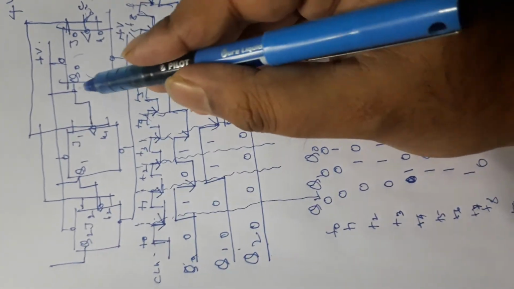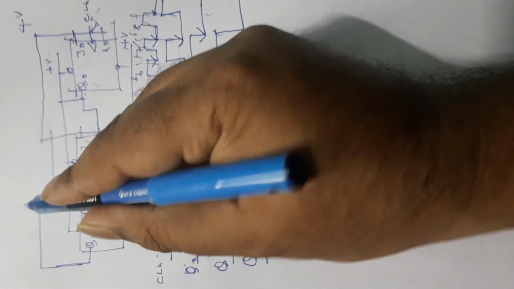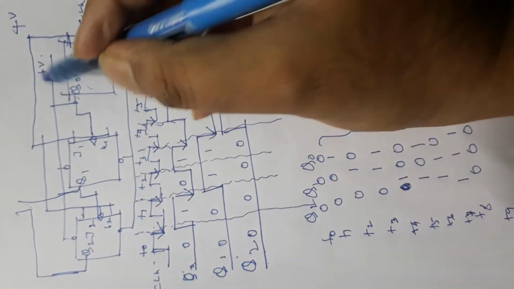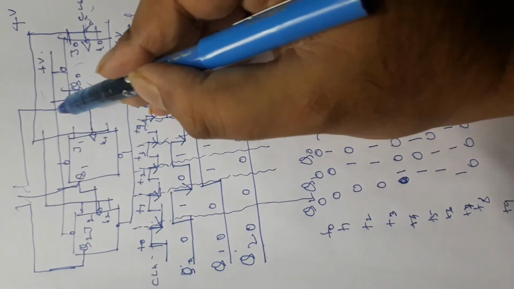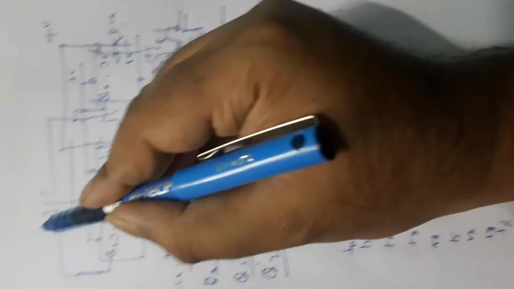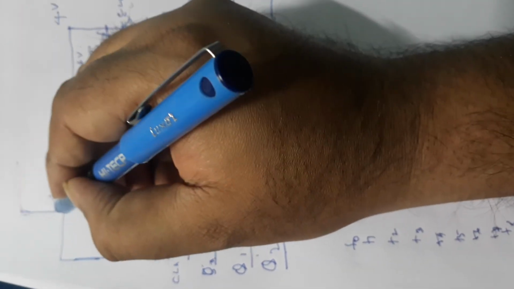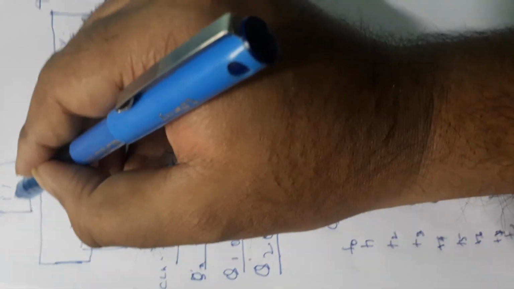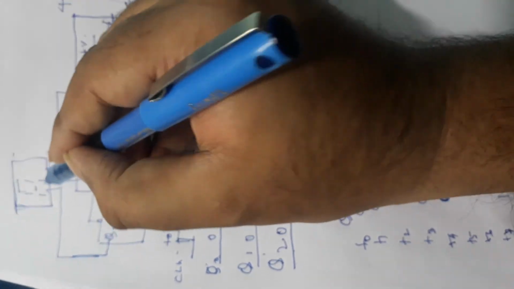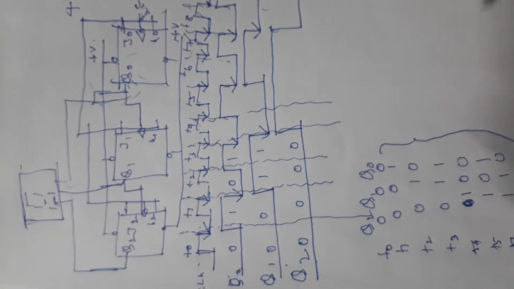So if this Q0, Q1, Q2 is given to the 7-segment LED display that we have designed earlier, what will happen?